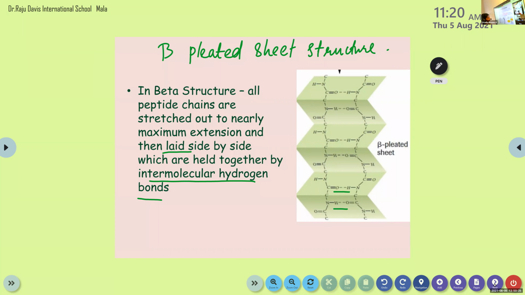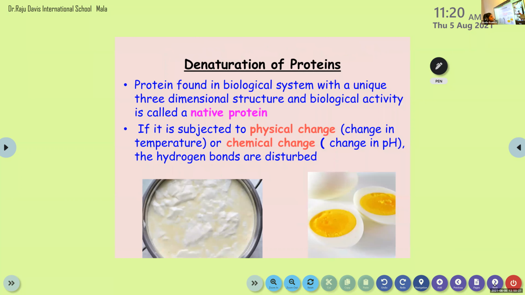Before that, one more point, that is denaturation of proteins. A protein found in a biological system with a unique three-dimensional structure and biological activity is called a native protein. That means we have learned primary structure, secondary structure, tertiary structure, quaternary structure.